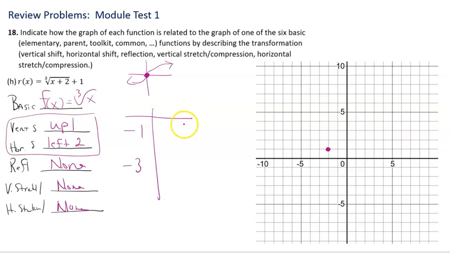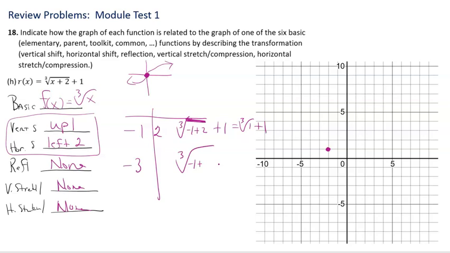When I plug in negative 1, it's going to give me the cubed root of negative 1 plus 2 plus 1. All that part's under the cube root, so I add that first. Negative 1 plus 2 gives me the cubed root of 1 plus 1. The cubed root of 1 is 1, plus 1 is 2. Then I'm going to plug in negative 3.